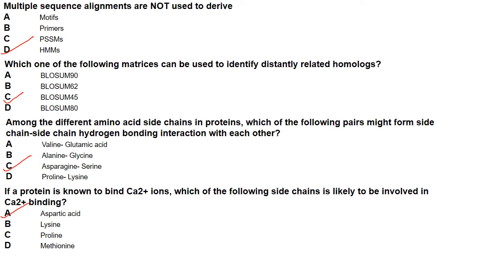Okay. So side chain hydrogen bonding can be formed between asparagine and serine. Answer is option C. If a protein is known to bind Ca2+ ions, which one of the following side chains is likely to be involved in Ca2+ binding? It is aspartic acid. Answer is option A.